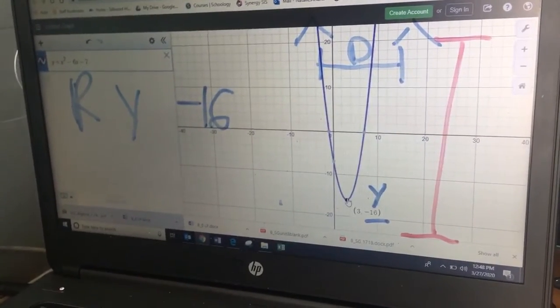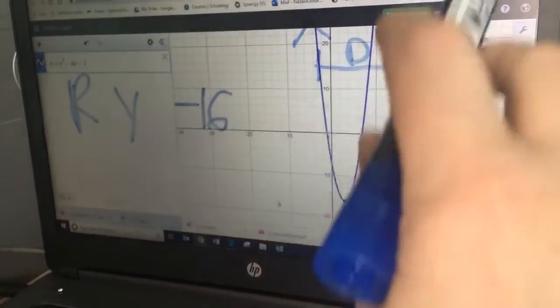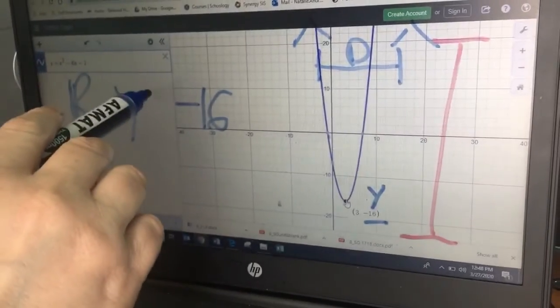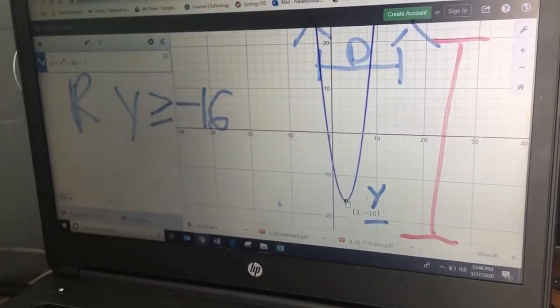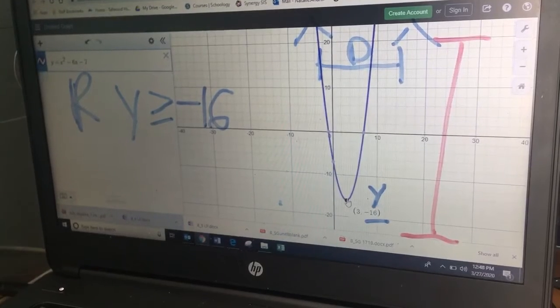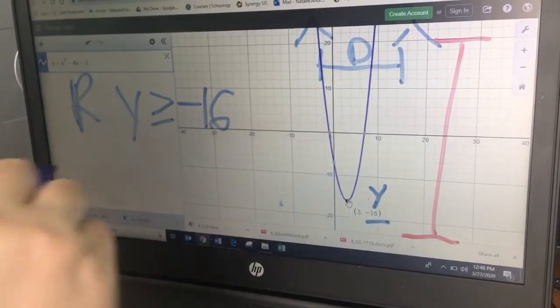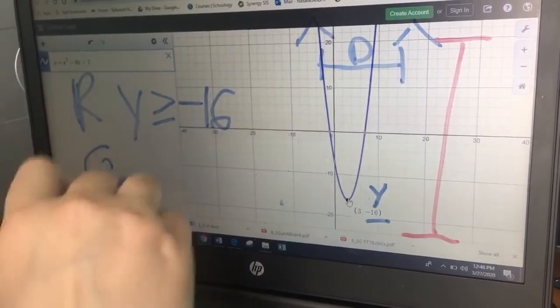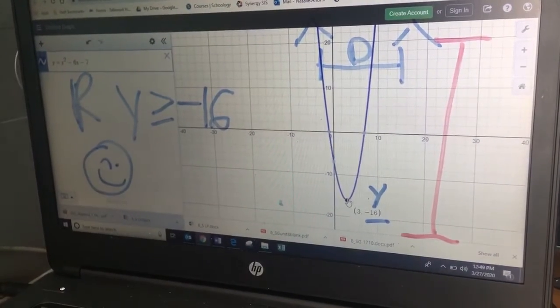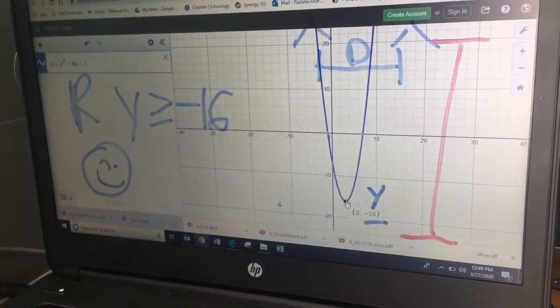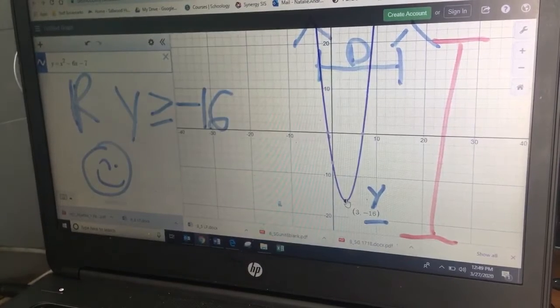Our parabola is going up, that means it's going to be greater than or equal to. So it will be our answer choice C. So C, number 1.